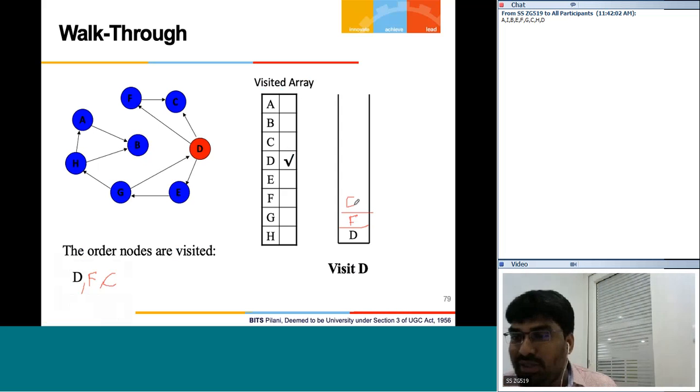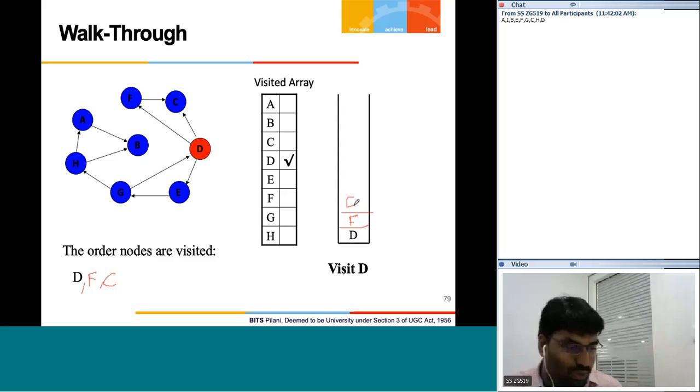First I visited D, then D's adjacency F. After F I moved to C. Yes. Now can I still travel further after C? No. I'll just simply pop out C. I'm striking it off here. Then again F. Can I travel further from F? No. I'll pop out. Right. So finally I have got D. Again after D I'll be going to E.